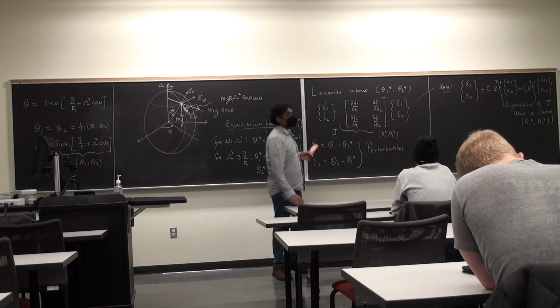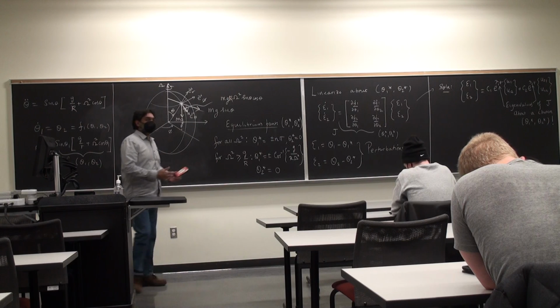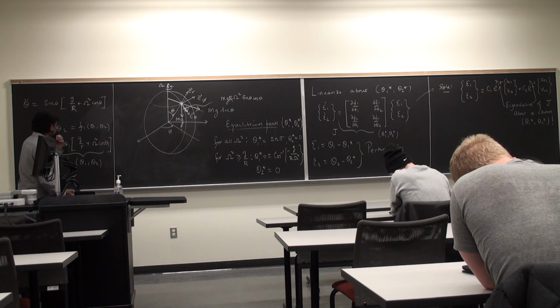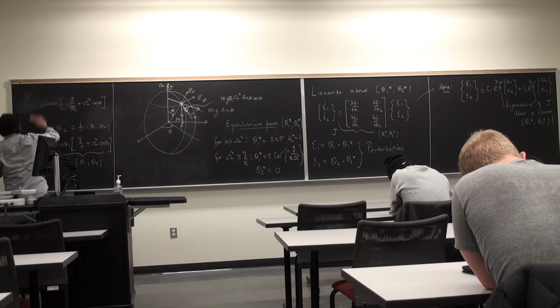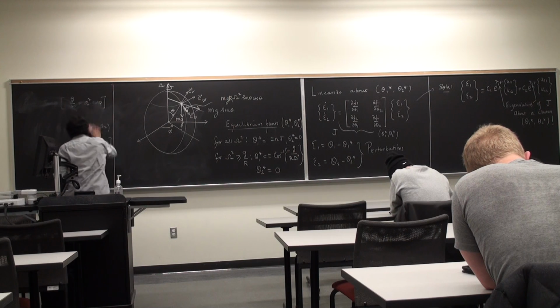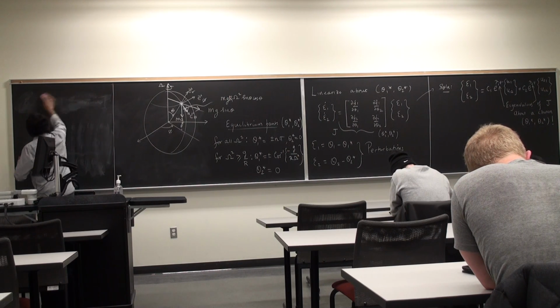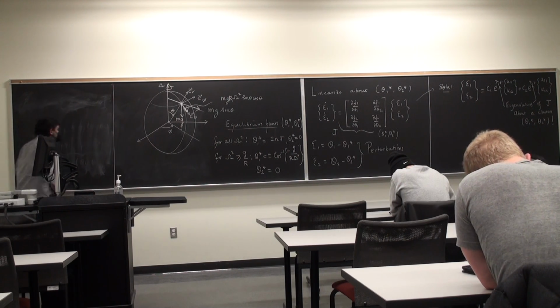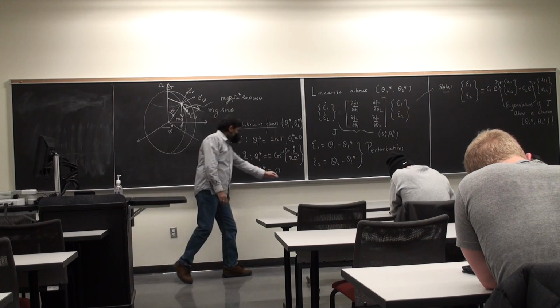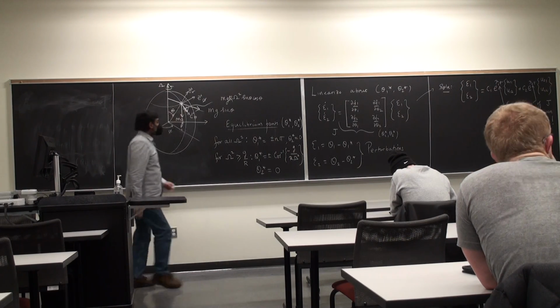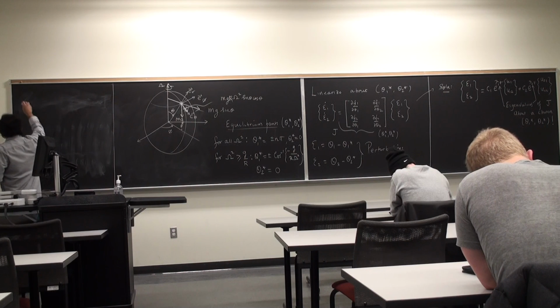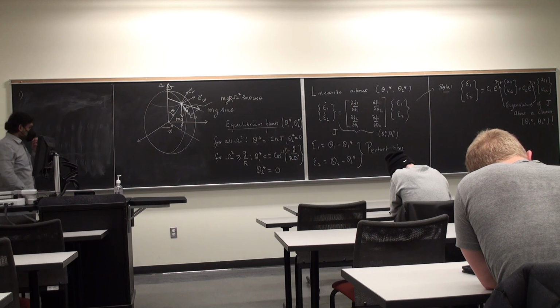We need to now exercise this idea for a set of equilibrium points that we choose. Okay? All right, let's take the first set of equilibrium points and let me draw the figure. So let me select theta 1 star is equal to 0.